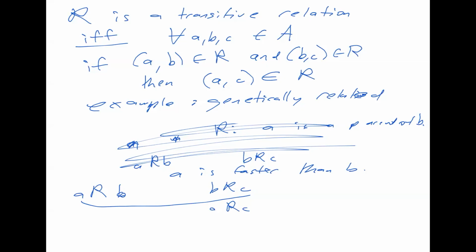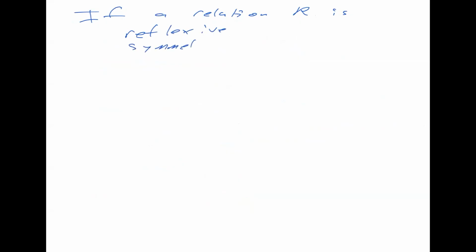Okay, perfect. And then basically if a relation R is reflexive, symmetric, and transitive, then it is called an equivalence relation.